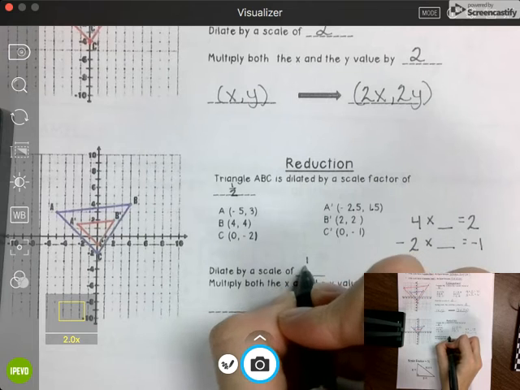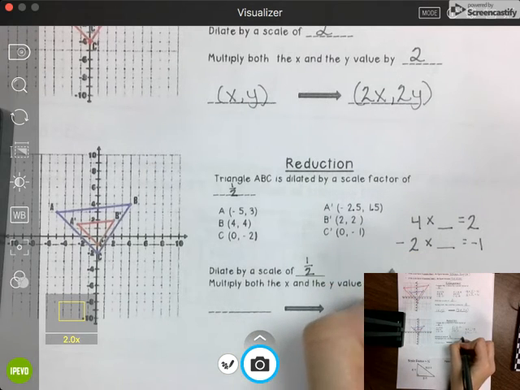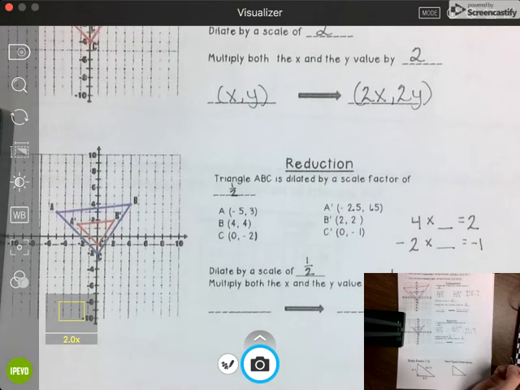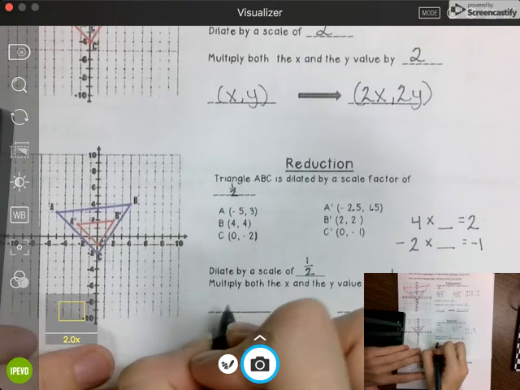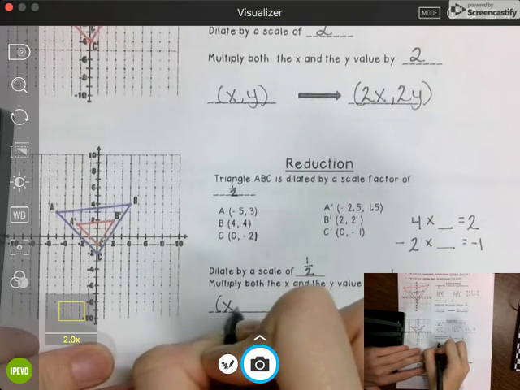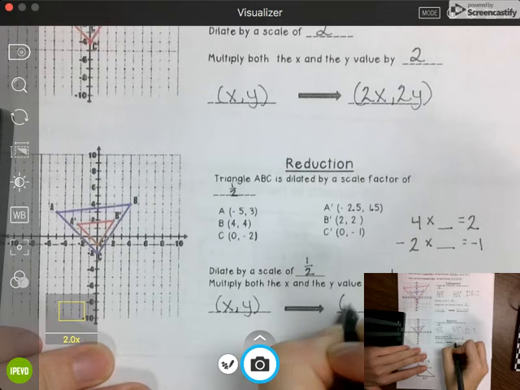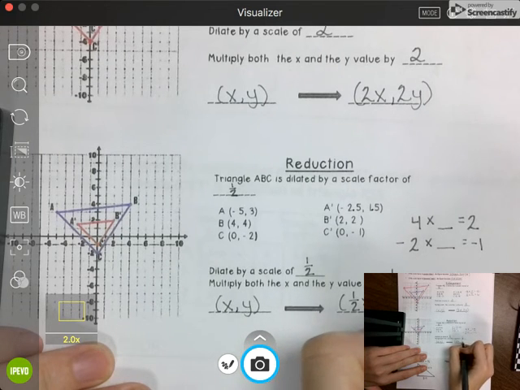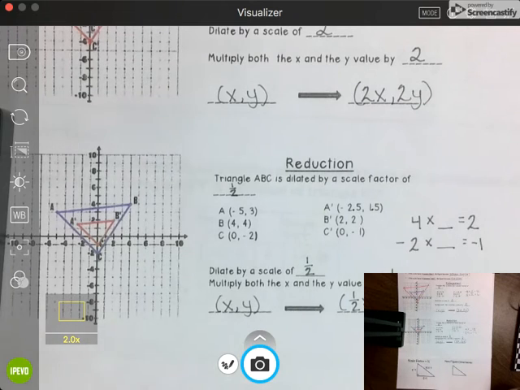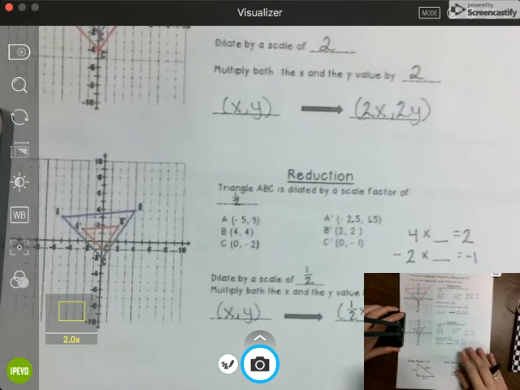So our scale factor is 1/2. We're multiplying both the x and the y by 1/2, which means I'm taking x, comma y, and I'm multiplying both by 1/2.